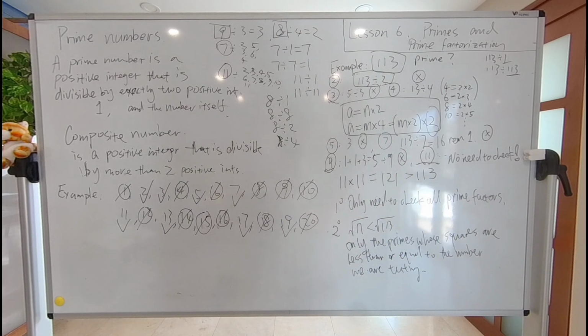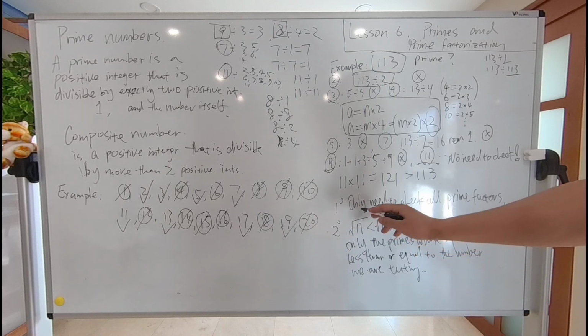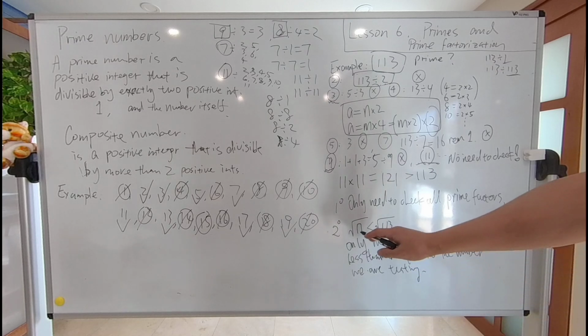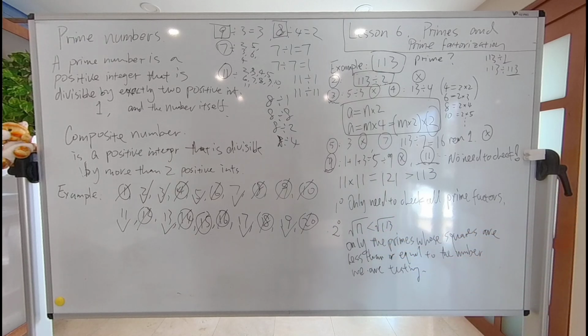So this gives you a stop point. Even though you only need to go through all the prime numbers, you don't need to go through until the number itself. You can stop at the square root of your target number.